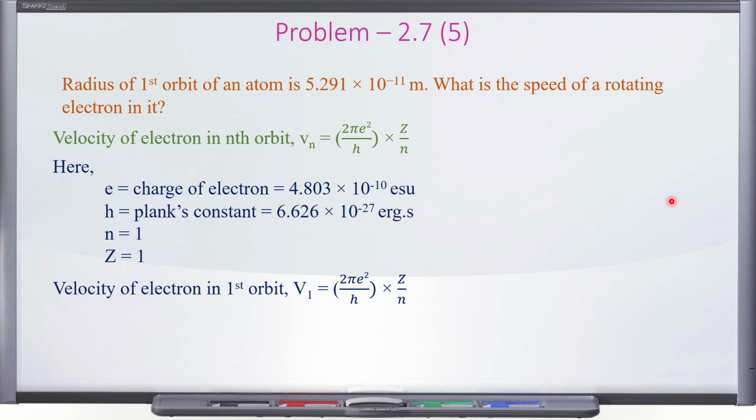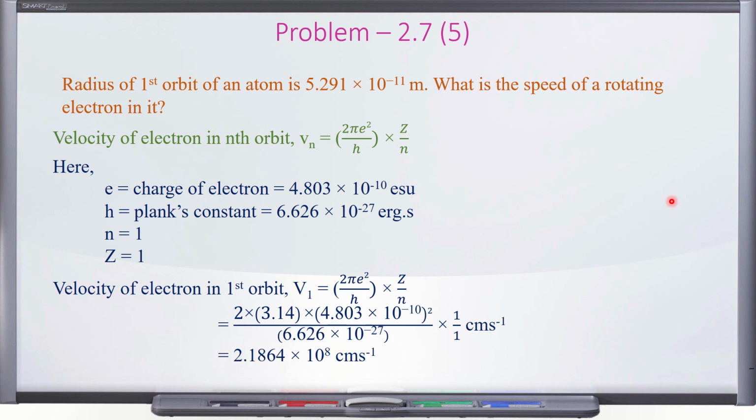By putting all these values, we get the velocity of the electron in the first orbit equal to 2.1864 into 10 to the power 8 centimeter per second. If you want to convert it into meter per second, the value comes 2.1864 into 10 to the power 6 meter per second.